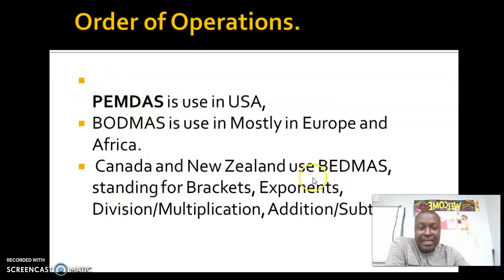In Canada and New Zealand, the B stands for brackets, E stands for exponents, then division, multiplication, addition, and subtraction.